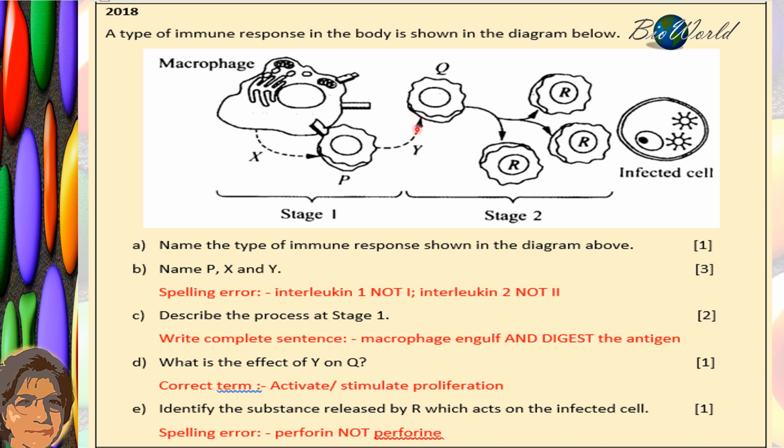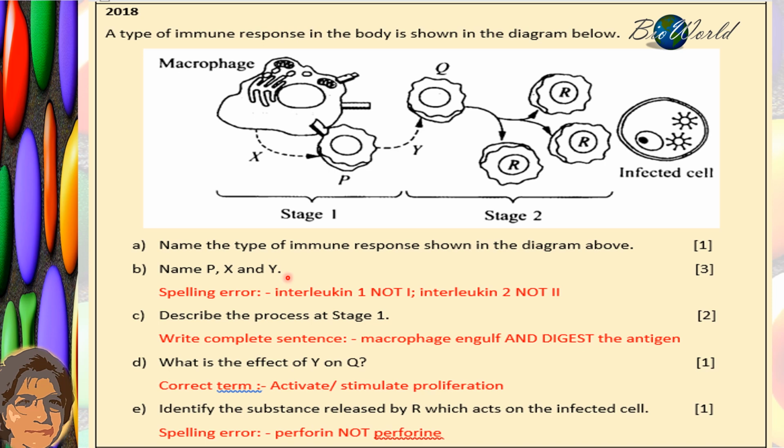And this interleukin 2 then will cause helper T to form clones that will differentiate into a variety of T cells, which can be cytotoxic T, suppressor T, helper T, and memory T. So once you understand this cell-mediated immune response process, then identifying P, X, and Y is simple.